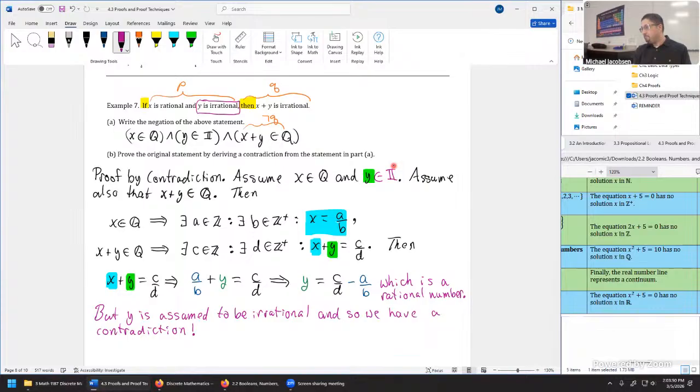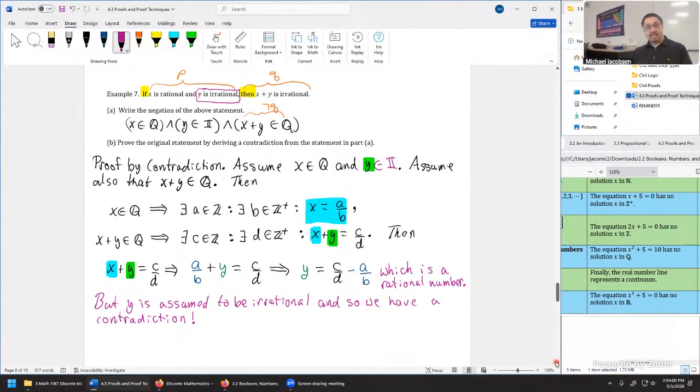I think it's fun to always put an exclamation when you run into a contradiction like that. We wanted the contradiction, and again, that's weird. Usually we're doing everything we can to avoid any kind of logical contradiction, unless we're doing a proof by contradiction. We wanted that to happen.